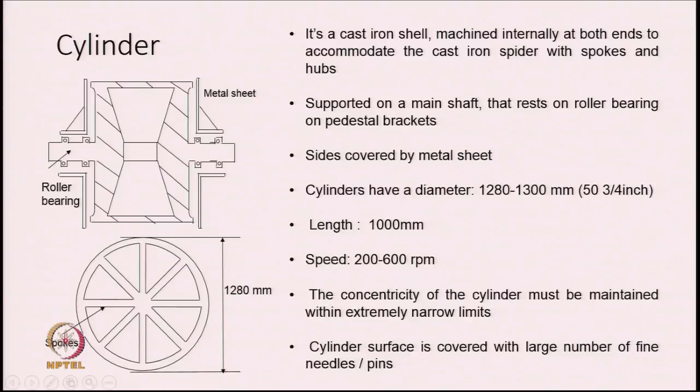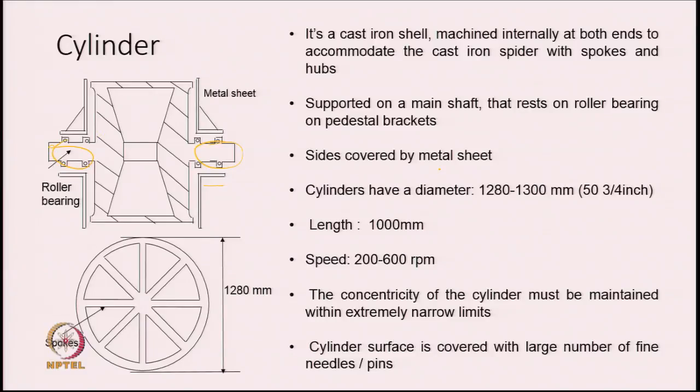Here is the shaft, and it rests on a roller bearing on a pedestal bracket. These are the pedestal brackets, here is the roller bearing, this side also we have a roller bearing.